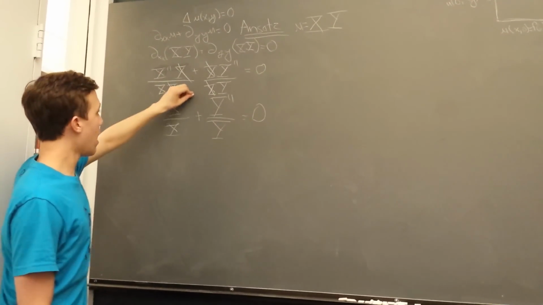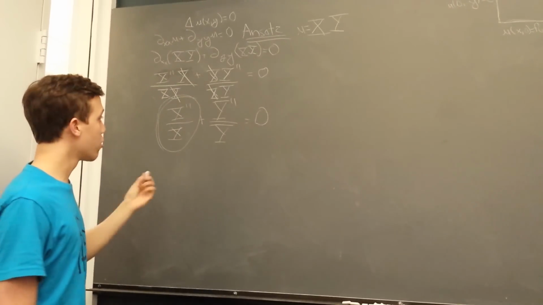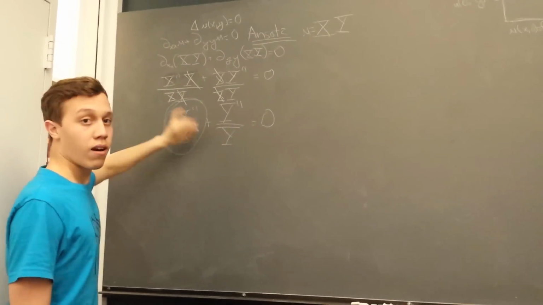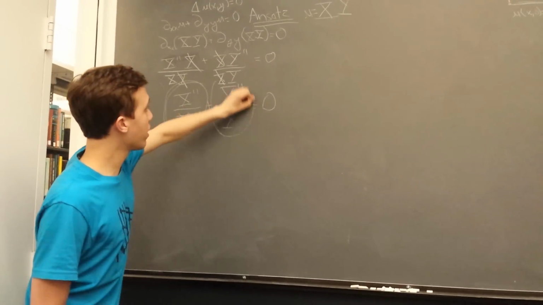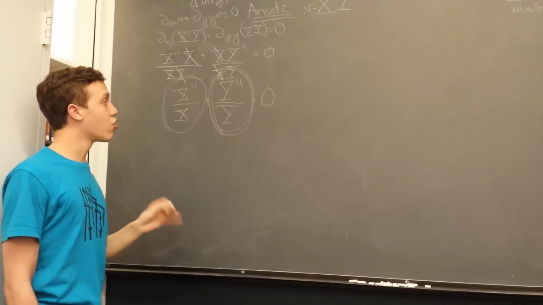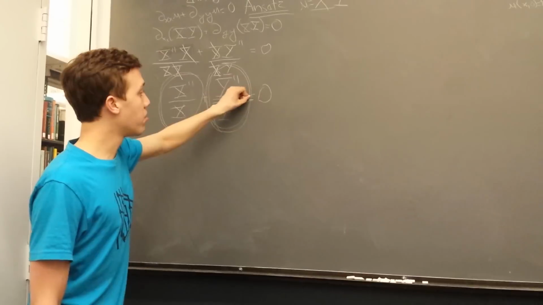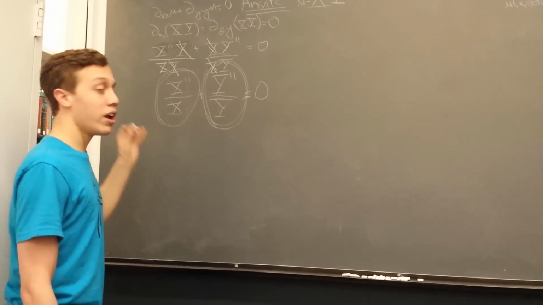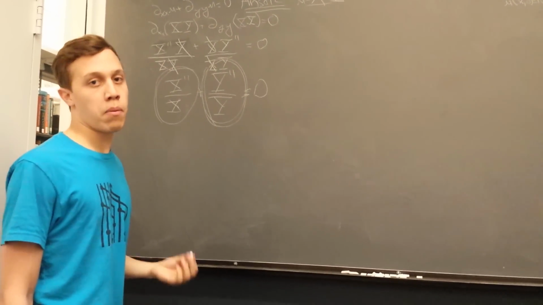So on this left side here, in this circle right here, we have an equation that's only in terms of x. Everything here only has x as its variable. On this right circle here, we have an equation that's only in terms of y. And we know that these two sum to 0. An equation in terms of x and an equation in terms of y can only sum to 0 if they're both constants.